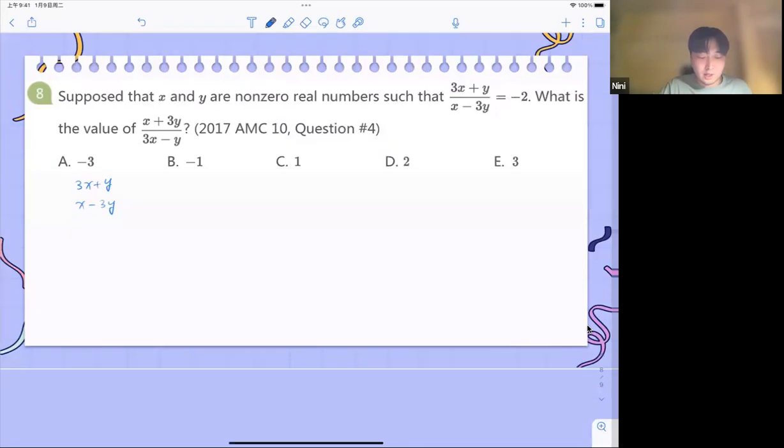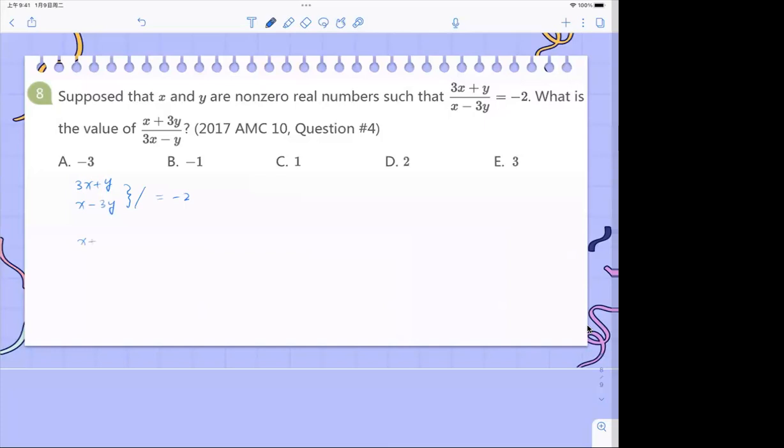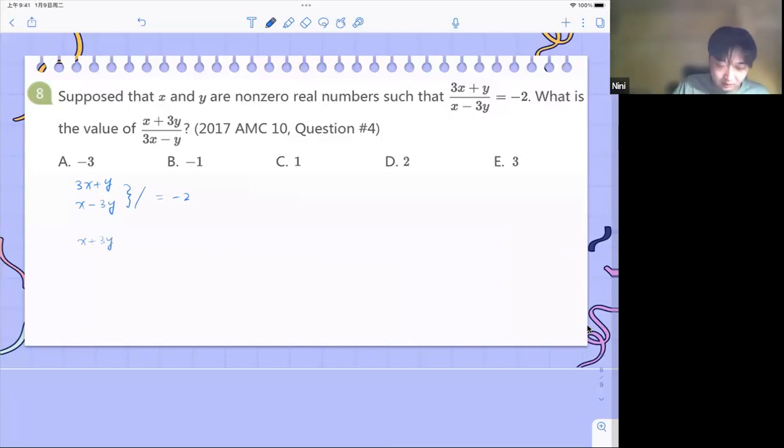We know the relationship between each other because the question told us so, right? I know that if we divide them by each other, we get this minus 2. So the question is, here we got more polynomials, which is this one and this one. So of course, the question is asking us for the relationship between each other.